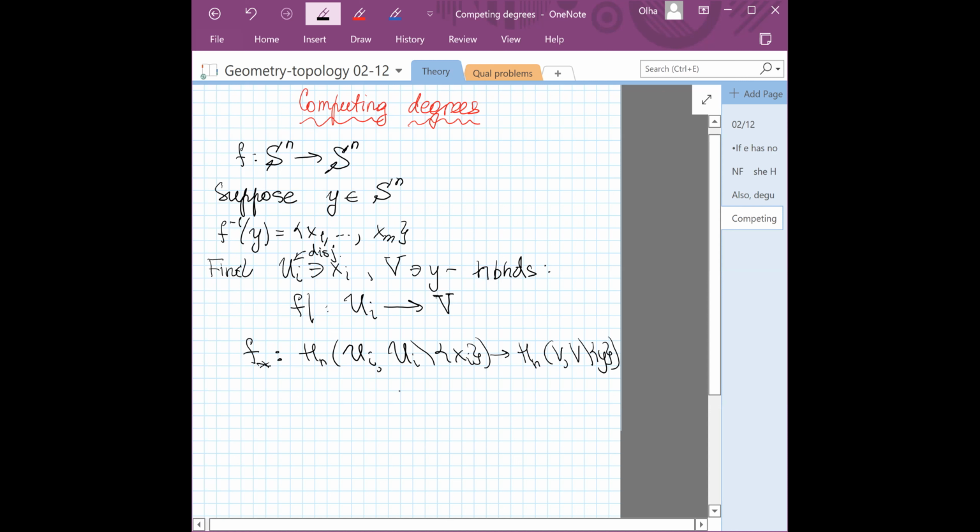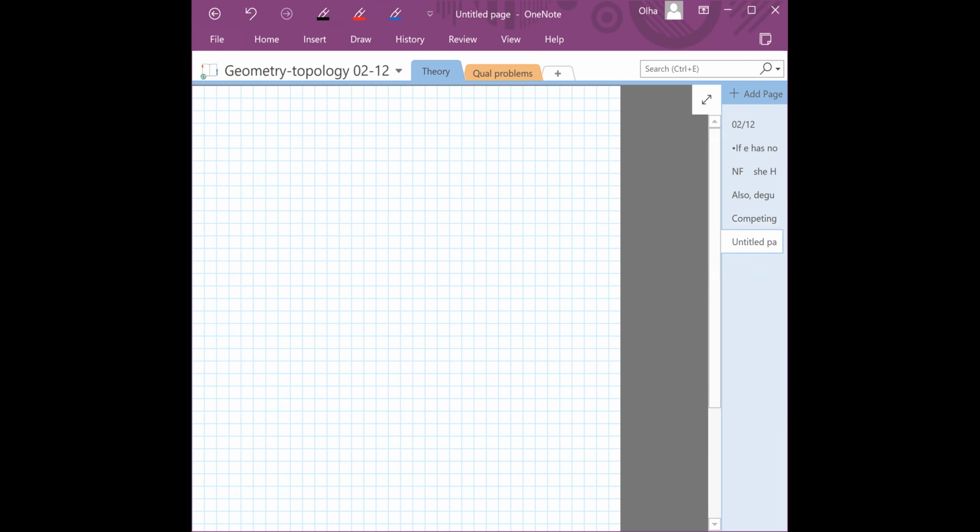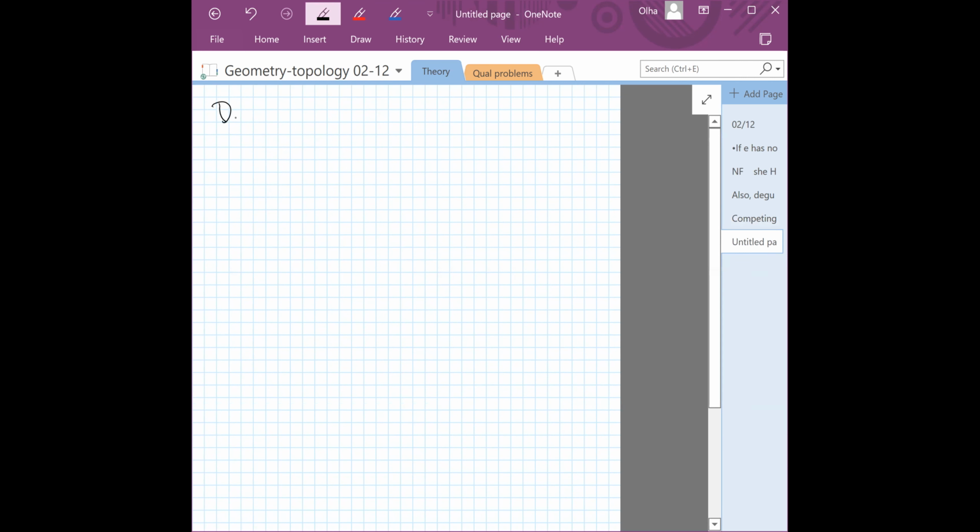The bottom line is that both of those things turn out to be isomorphic to Hn of Sn, which is itself isomorphic to Z. So locally, we have a map going from Z to Z, which means that there exists a number such that f star is a multiplication by that number. So we can define something called local degree.